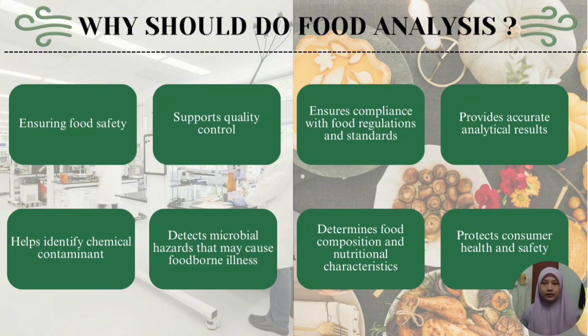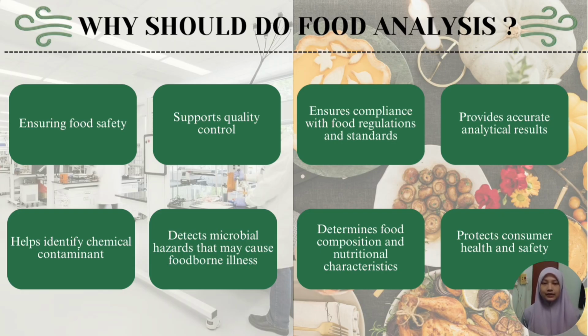Fourth, providing accurate analytical results. Reliable testing ensures correct data for decision-making in food production and research. Fifth, helping identify chemical contaminants. It also allows us to detect pesticides, heavy metals, or additives that may be harmful if present in excess. Sixth, detecting microbial hazards.